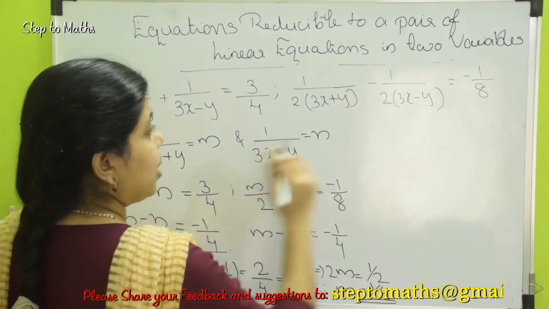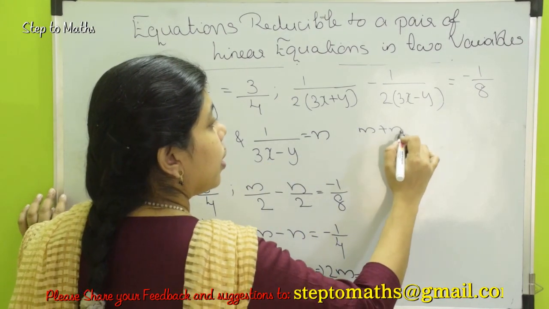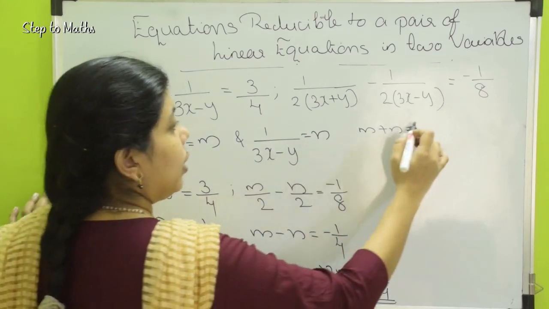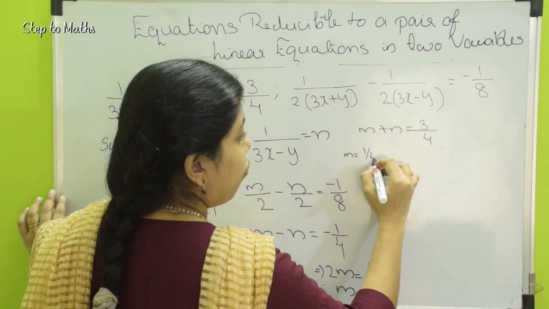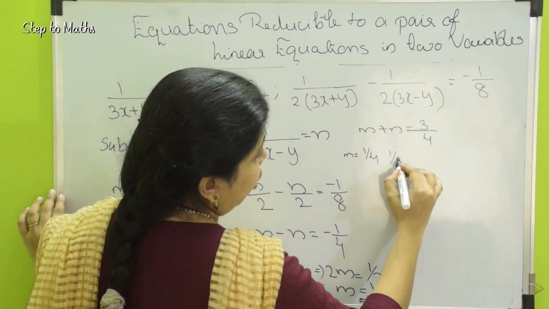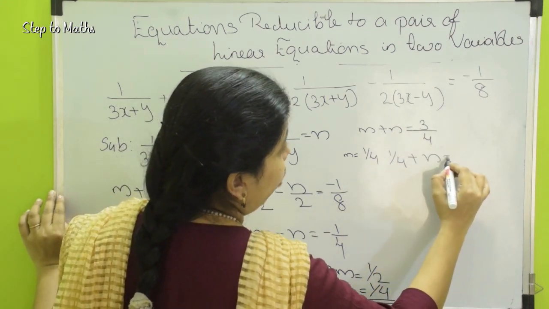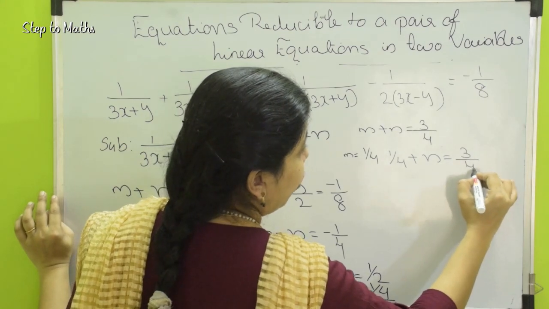So, m plus n is equal to 3 upon 4. If we substitute m equal to 1 upon 4, we will get 1 upon 4 plus n equal to 3 upon 4.